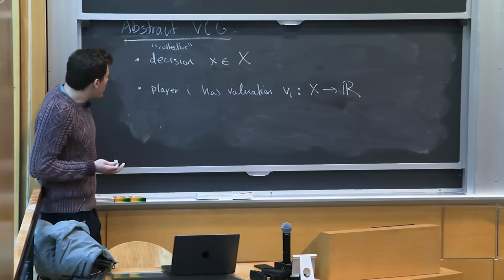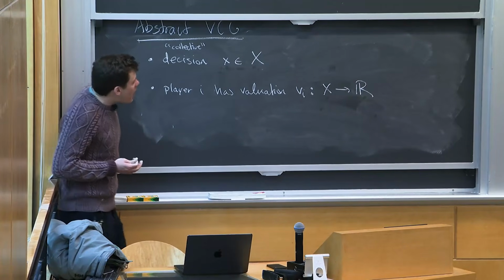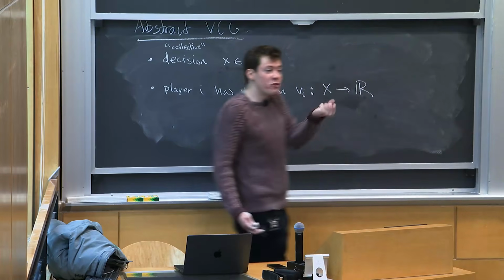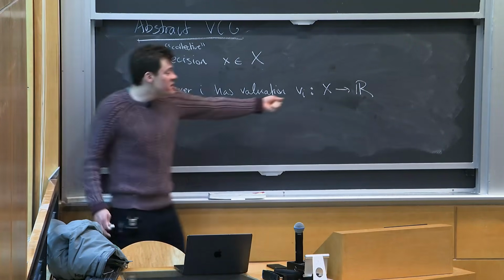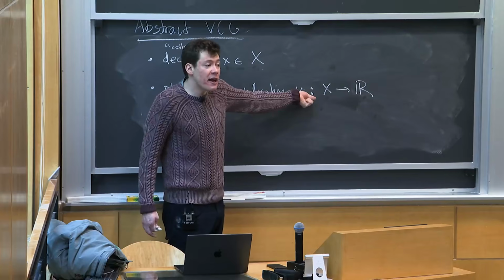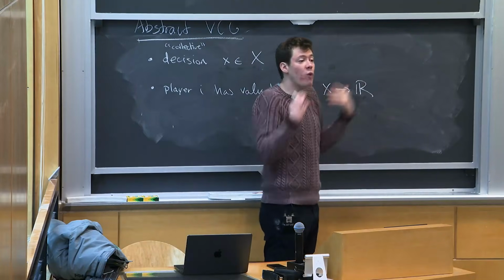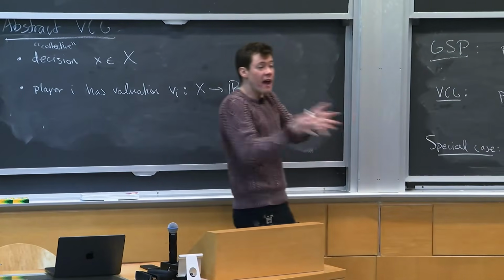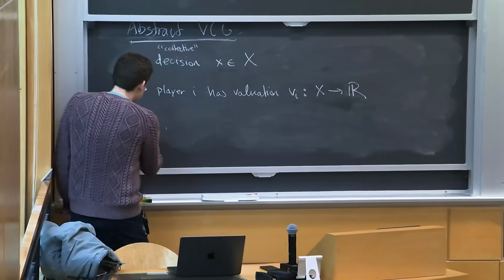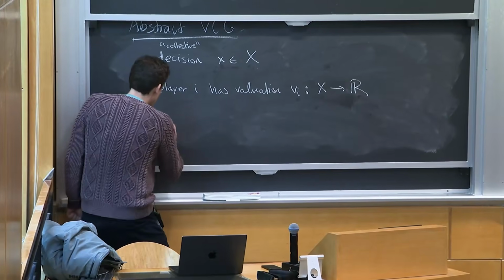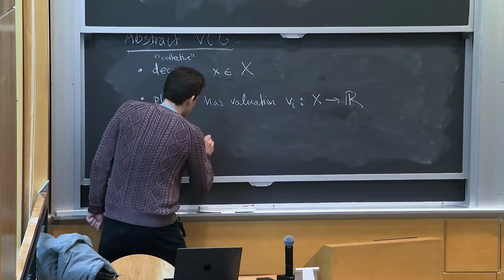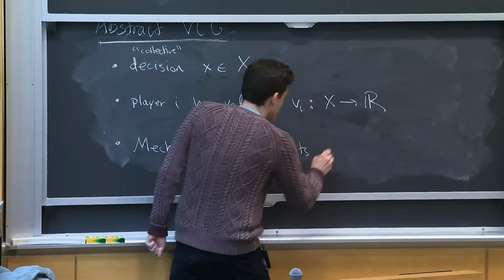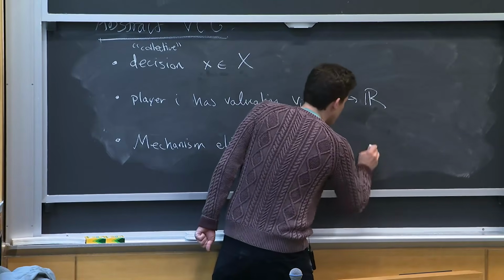So what are we going to do? Well, before in a second price auction, we had this idea that people were bidding truthfully. We'd also like people to bid truthfully, but if we want that, we have to ask them what their valuation function is. And that's what the mechanism is going to do. We're going to say, everyone tell me what your valuation function is. So instead of telling me just how much you value one item, tell me how much you value every possible social decision. So the mechanism elicits reports, and we'll often denote these v1 hat through vn hat.